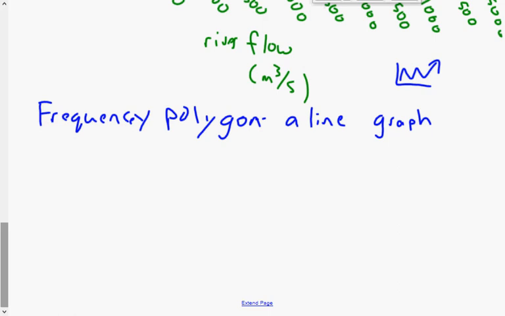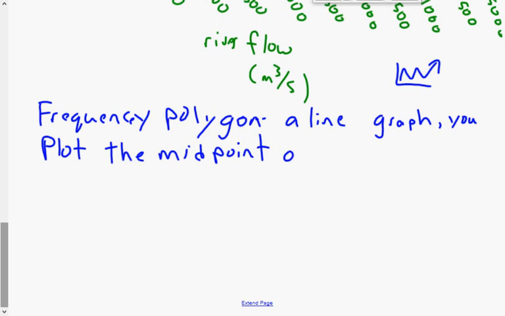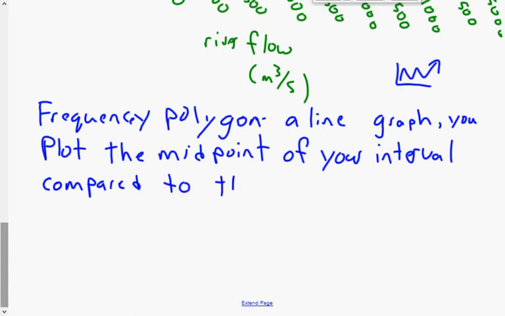Does the line graph always have to come from the intersection, like from here? No, not necessarily. It all depends on where your first data point is. And all you do is you plot the midpoint of your interval compared to the frequency.